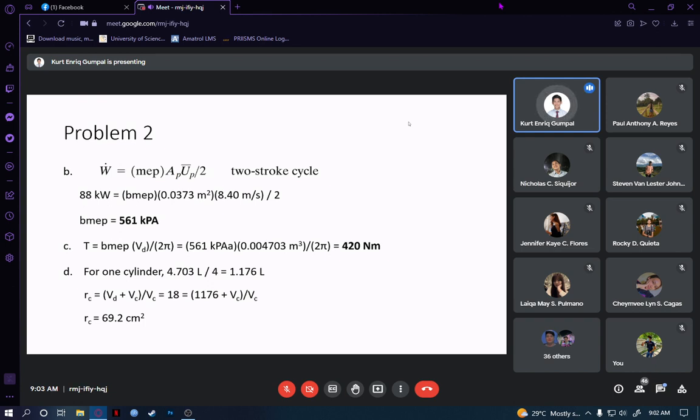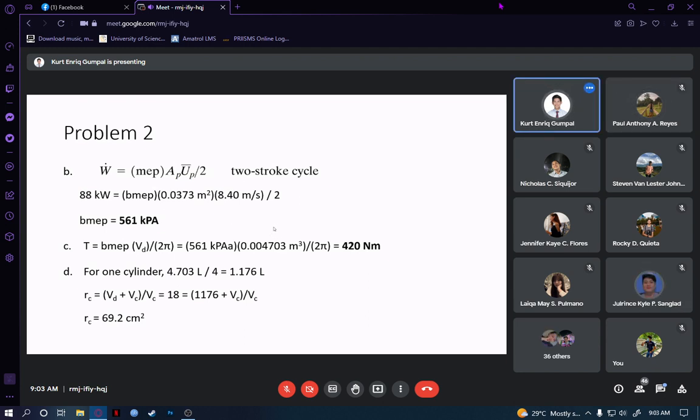Karon, if imo na siya i-shift solve sa imong calculator, you're going to get 69.2 cubic centimeters, and that is going to be your clearance. Okay? Klaro? Kuha ba? Yes. Yes, sir.